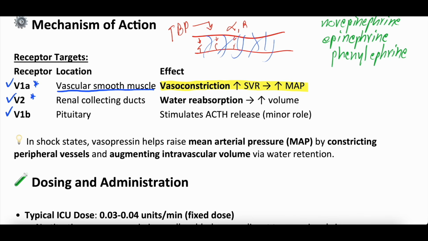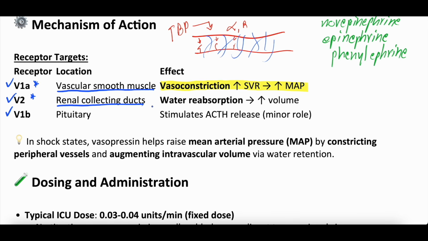Vasopressin, though, has another mechanism of action as well that contributes to increasing the MAP, and that is the V2 receptor, which is on renal collecting ducts. All right, the collecting ducts are in the kidney nephron, and they control how much solute and electrolytes and water and urea go in and out, how much you excrete and urinate out versus how much you reabsorb and keep in the blood vessels.